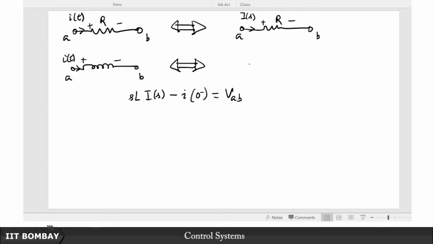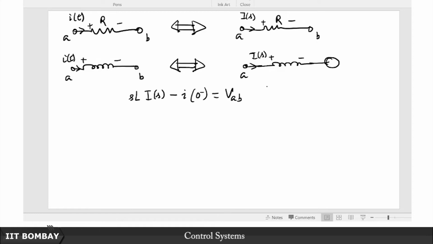Here's what we do. You see that these are of opposing polarities. So you name this as A, let this current flow in this direction. So this is I of s. Let this inductor have exactly the same polarity as here, but now you have to account for this initial condition as well. How do you account for it?